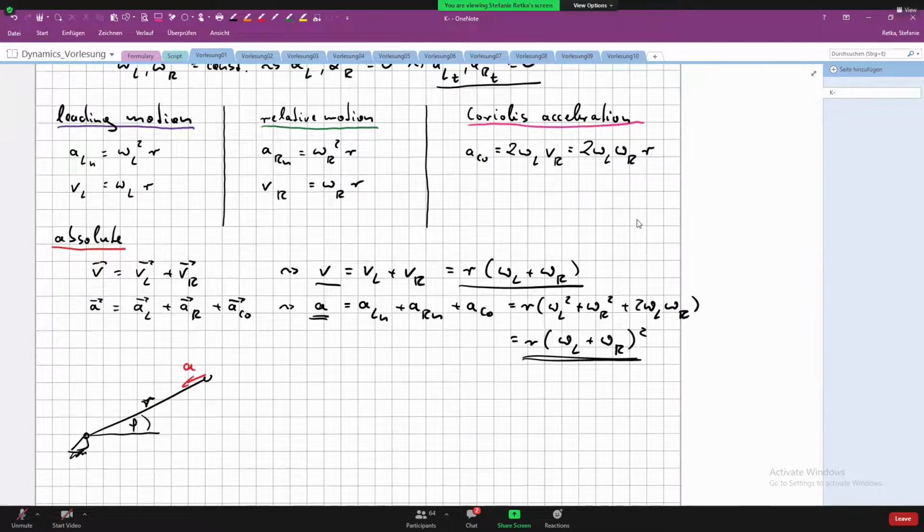No, not necessarily. Because we have to find the absolute acceleration. That's what we did. We do have the absolute acceleration. If you decomposed it into horizontal and vertical components, then you probably had something like this at the end: a horizontal square plus a vertical square. And then you should have ended up with this equation as well.